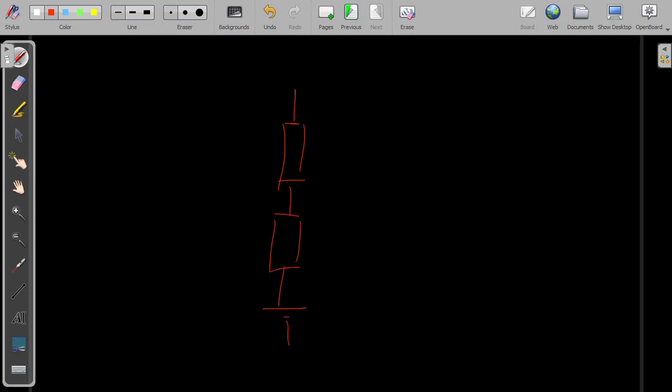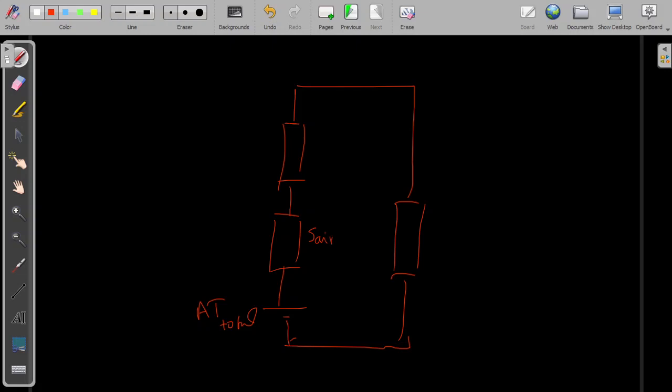This is AT total. Then you have S air and S here, and the S2 parallel with S3 combination, that is the effective reluctance.